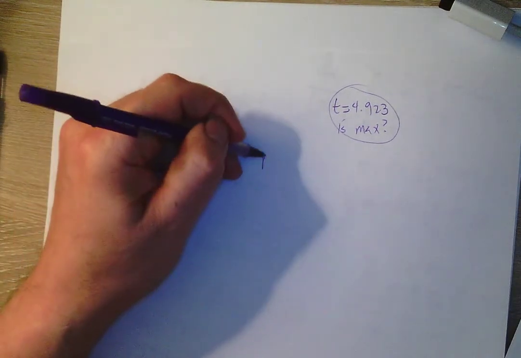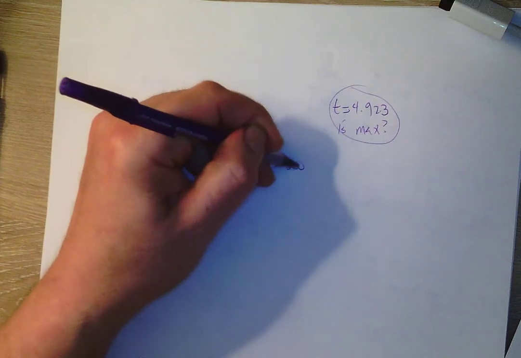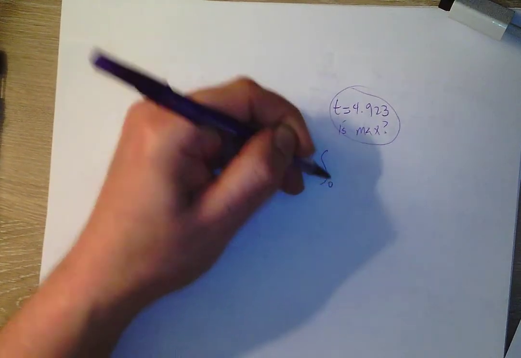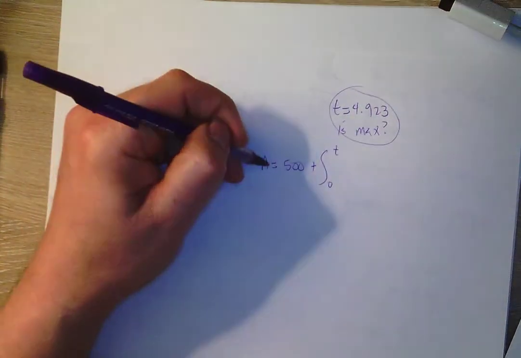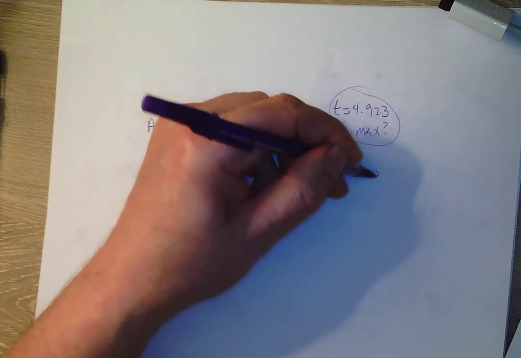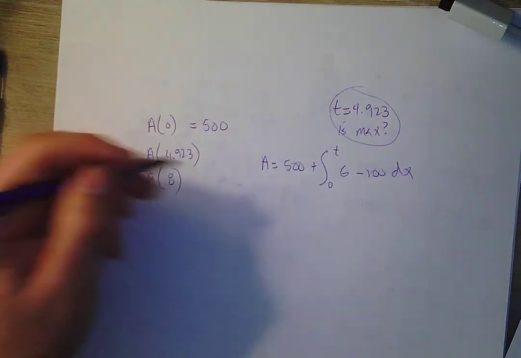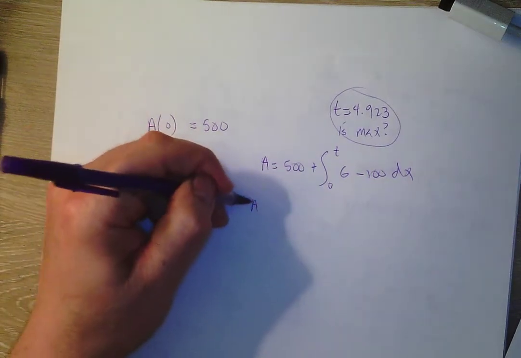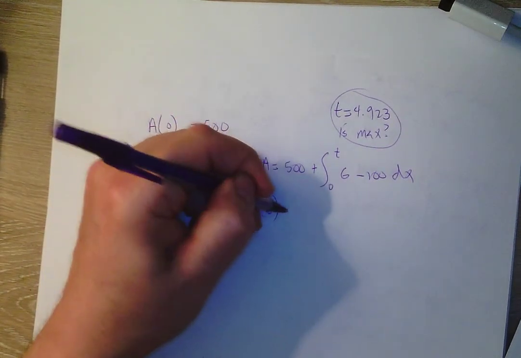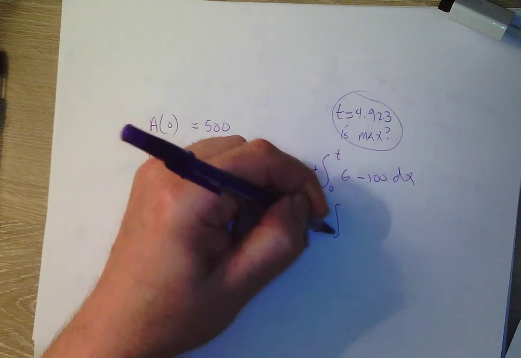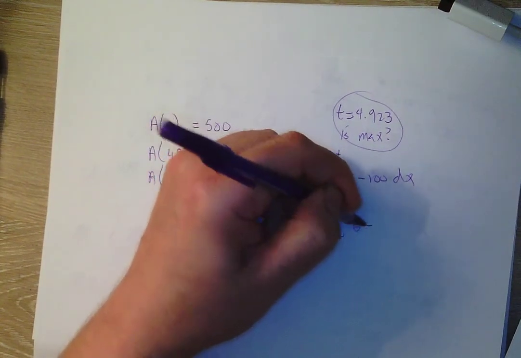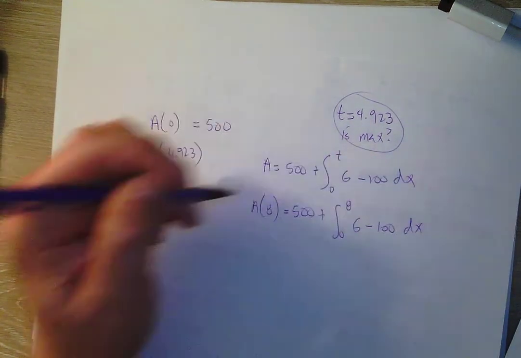And remember, I've defined A as 500 plus the integral from 0 to t of g minus 100. So if I want A of 8, I'm doing 500 plus the integral from 0 to 8 of g minus 100 dx.